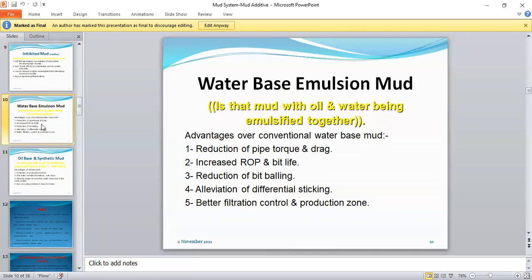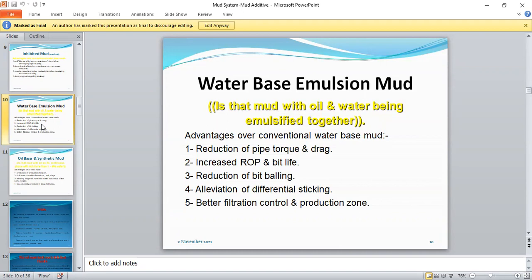The oil and water do not mix, but because of the other chemicals you have inside, mud chemical additives, it enables the oil and water to mix. The oil is dispersed in water because the water is more than the oil.